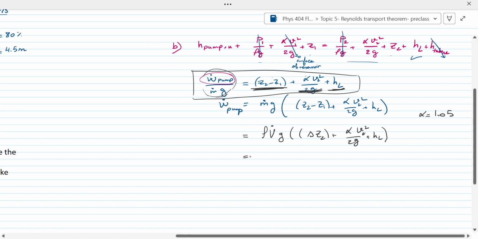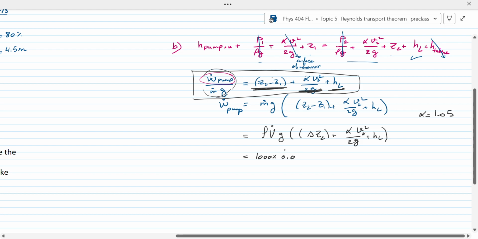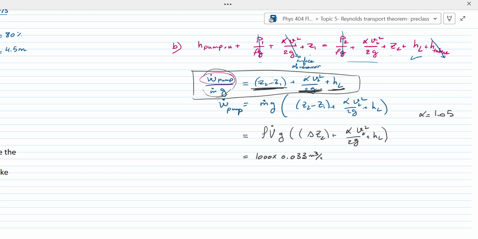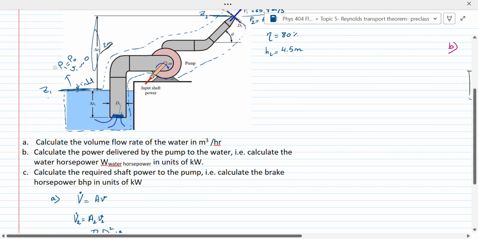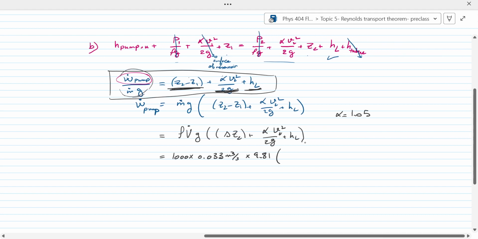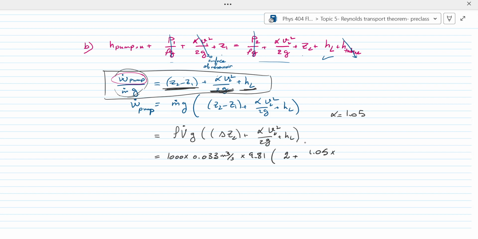So now I can just solve. I found V dot, this was 0.0033 meters cubed per second. G is 9.81. I have delta Z2, it's 2 meters. Alpha is 1.05. V2 was also given.